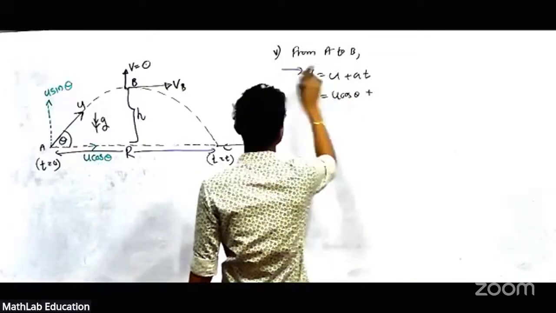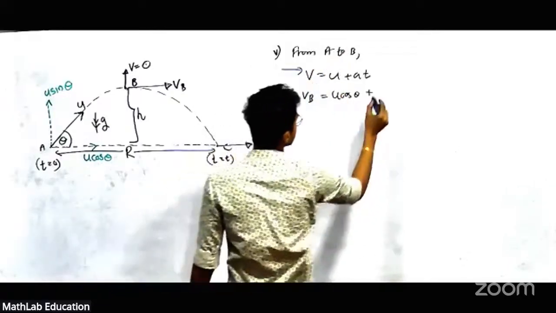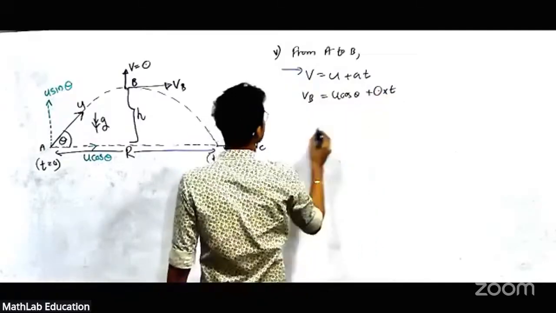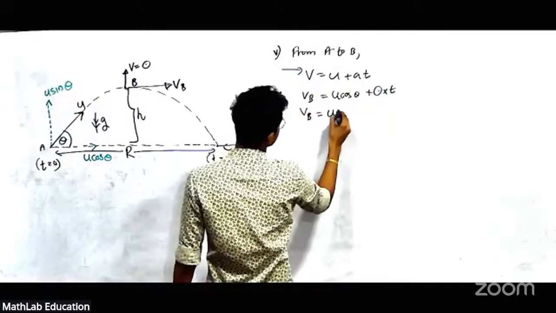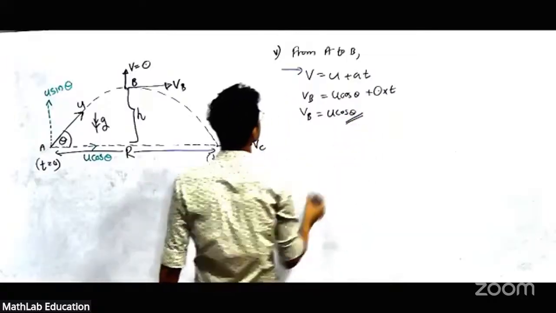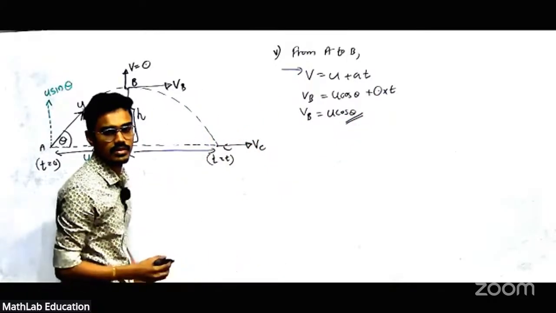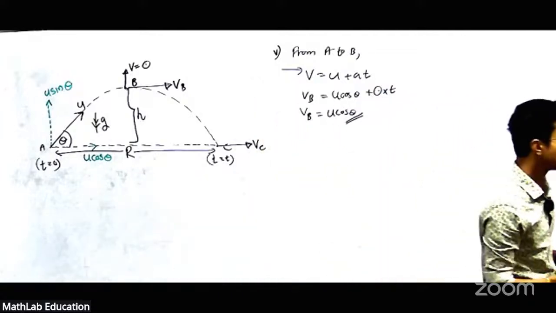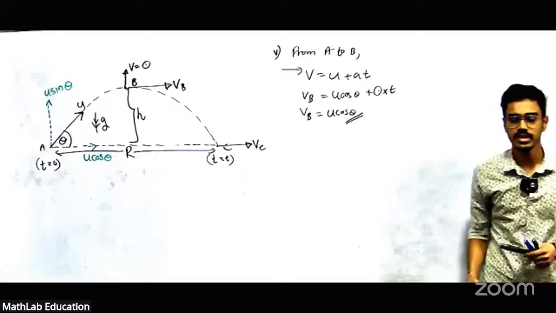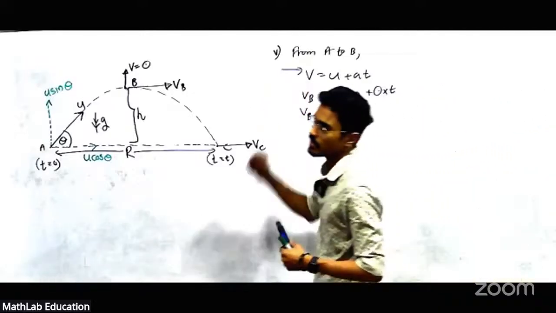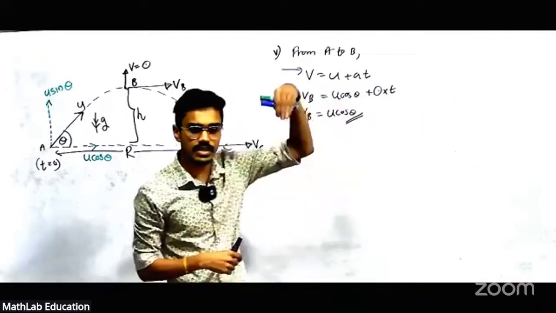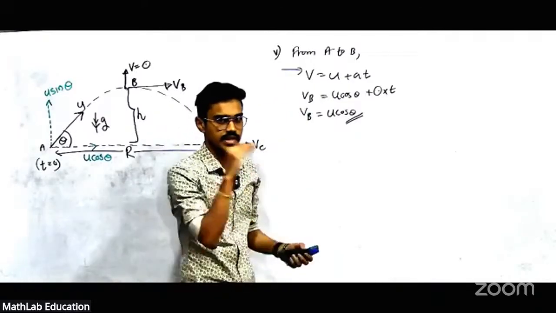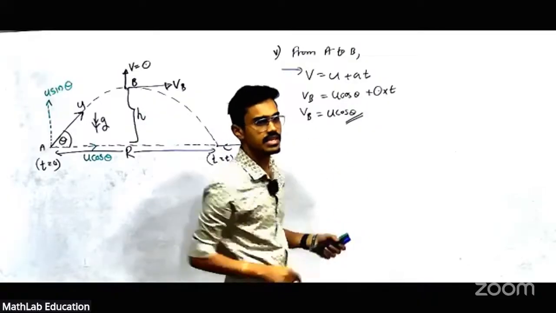G is acting vertically, so it is neglected. 0 into T, 0 into anything is 0. So VB is U cos theta. No impact from G when I use the equation horizontally, because G is always acting in the vertical direction, perpendicular to the direction of consideration. It's neglected.